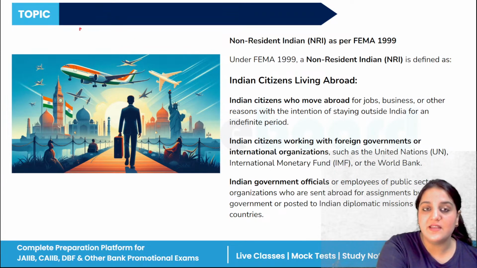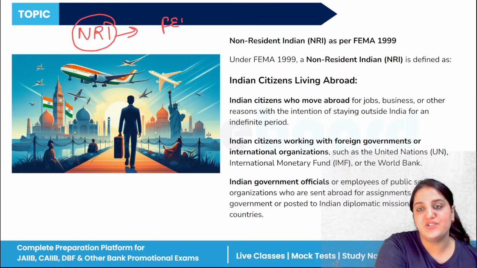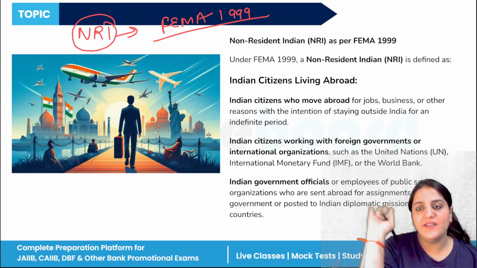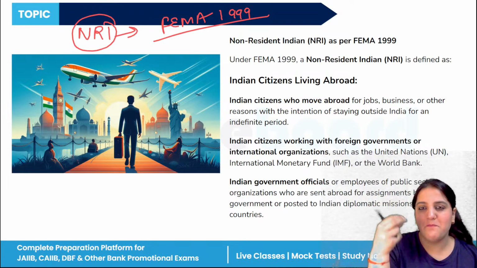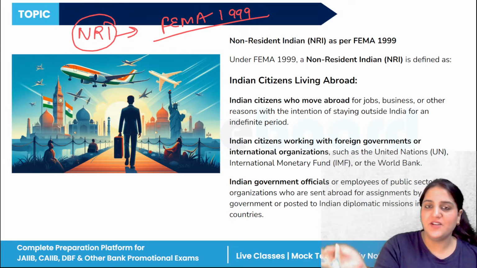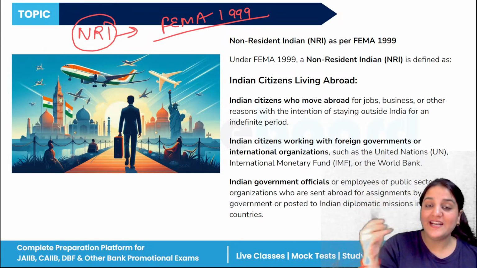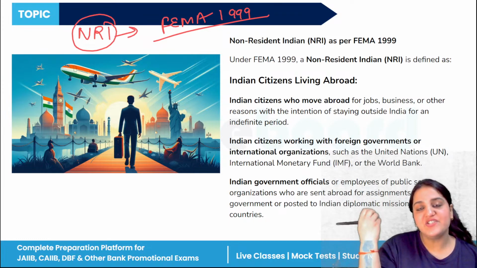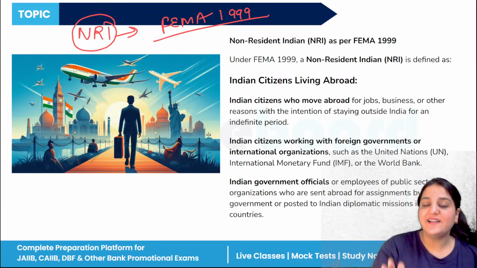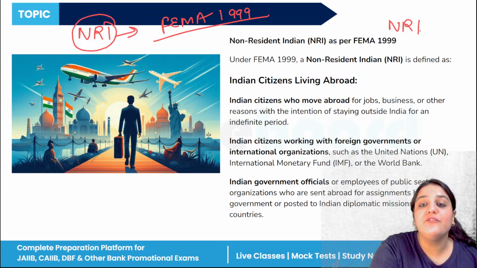Now the NRI according to the FEMA Act, Foreign Exchange Management Act 1999: under FEMA, a citizen who is moving abroad for job or business, and don't know when that person will come back to India, moves abroad for an indefinite period and stays outside India. That is what we can say is NRI according to FEMA.